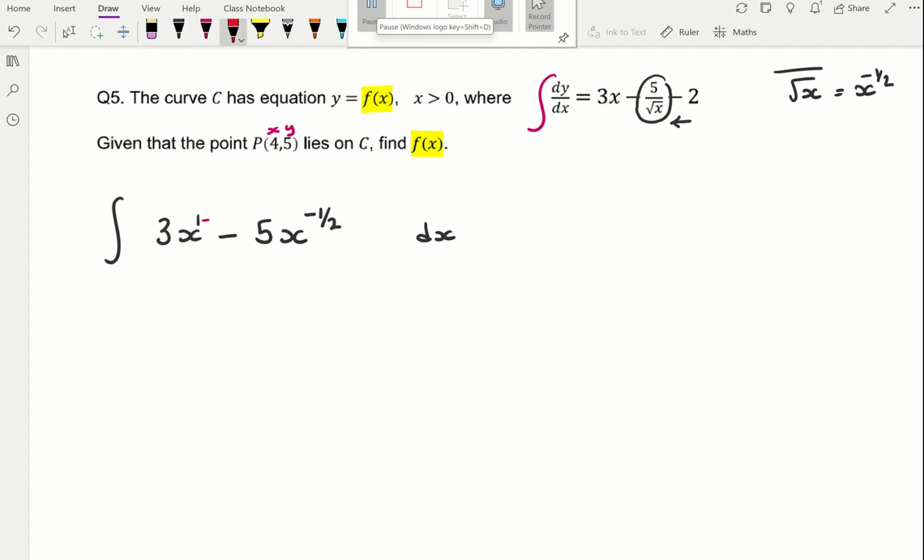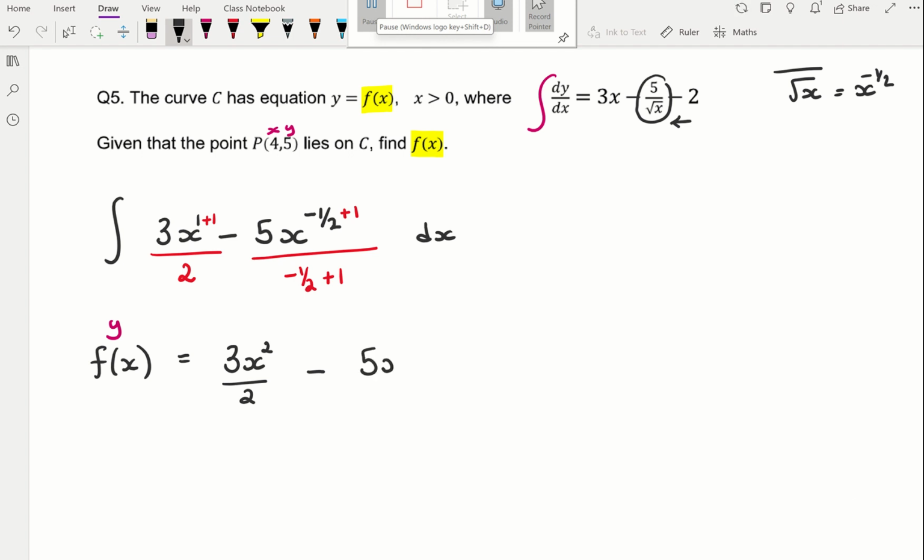So I'm going to add 1 to this power and divide by 2, 1 plus 1. I'm going to add 1 to the power and divide by negative a half plus 1, and there is a plus c. So f of x, or y, is 3x squared over 2 minus 5x to the power of a half over a half.